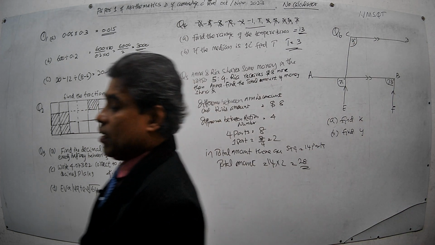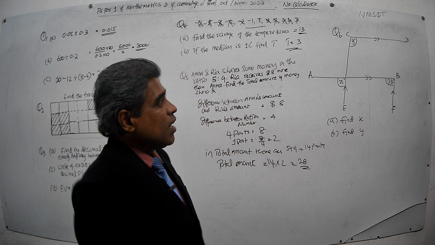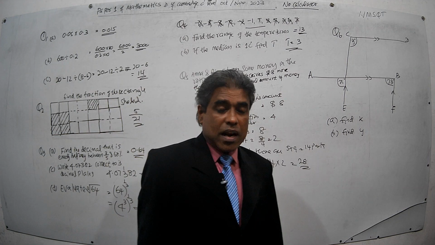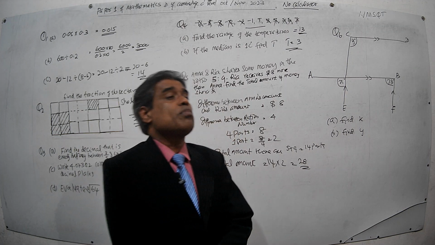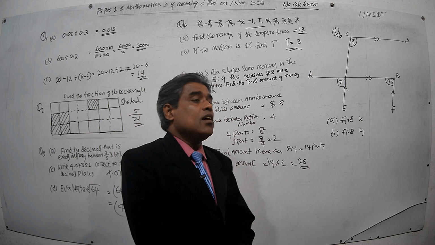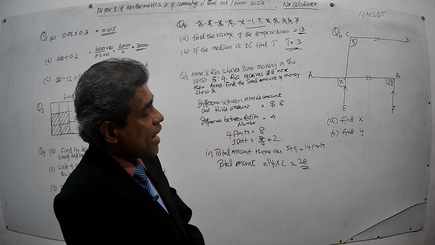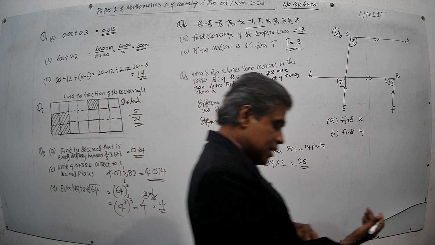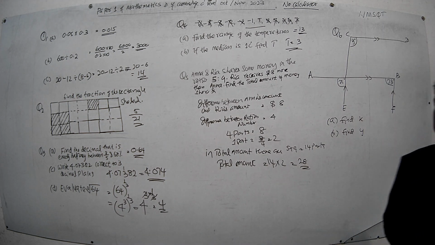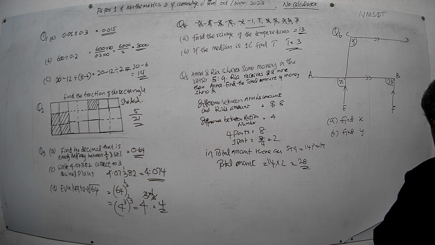What are the parallel line rules? When two parallel lines are crossed by a transversal, corresponding angles are equal, alternate angles are equal, and co-interior angles add up to 180 degrees, right?